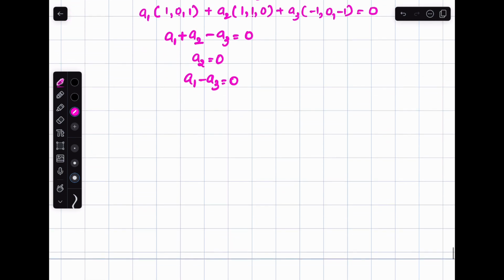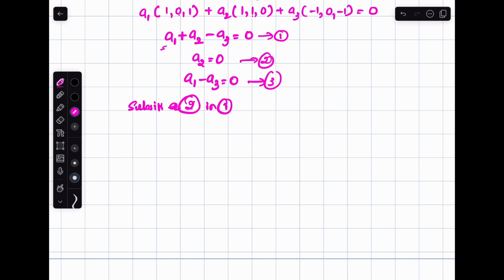Let me name the equations. I substitute 2 in 1, which is nothing but substitution. So it is a1 minus a3 is equal to 0. Let me name this equation 4.